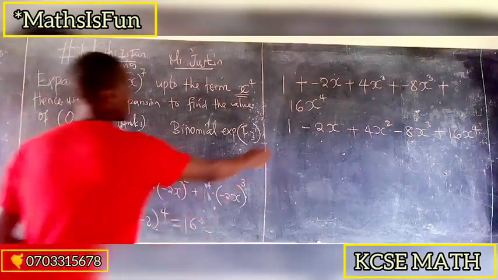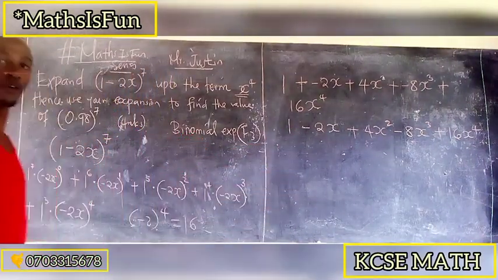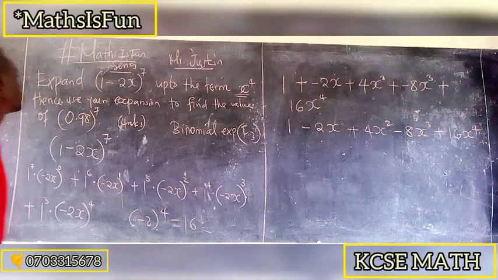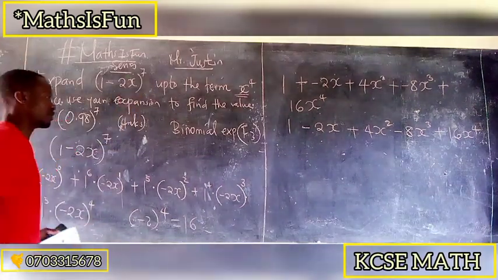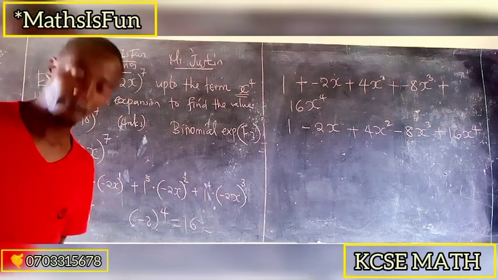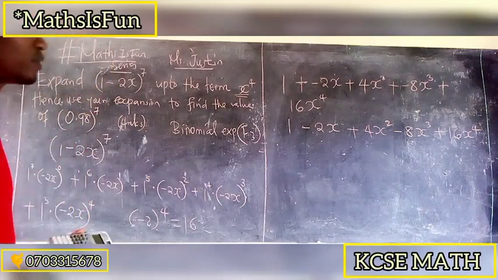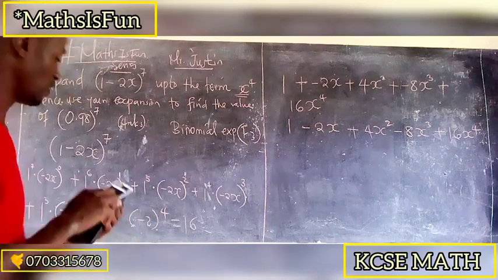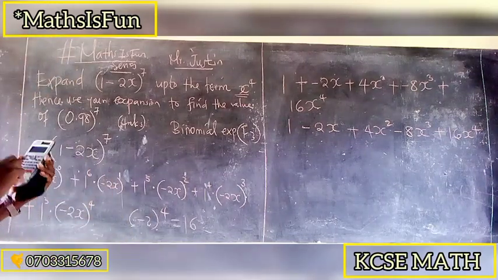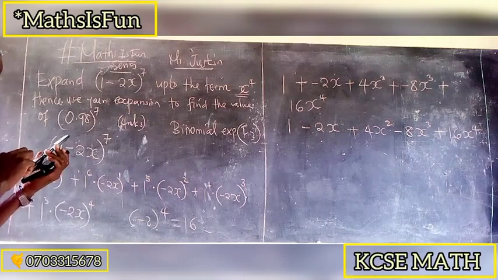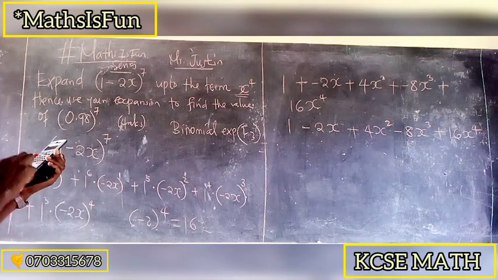This is not the answer. The binomial coefficients when we have n as 7: you can use Pascal's triangle, or any means that you know on how to find the coefficients, or you can use your calculator to click and find the binomial coefficients.